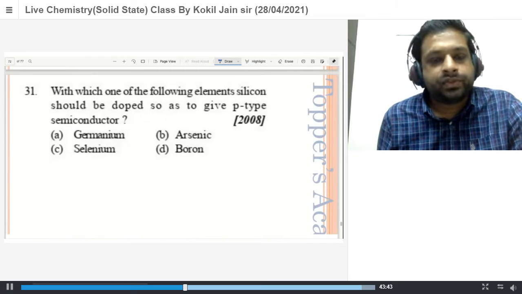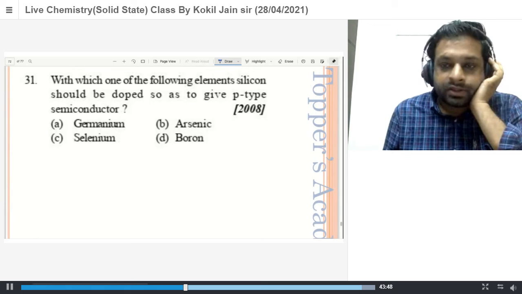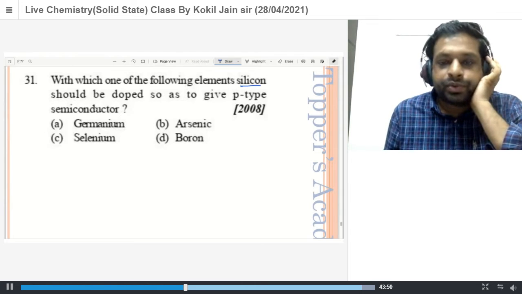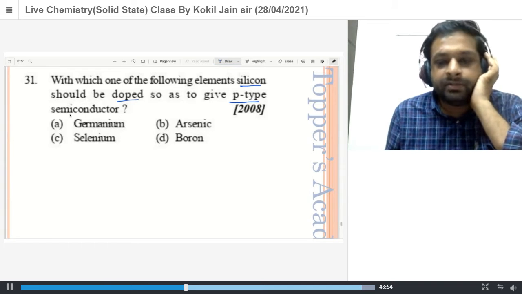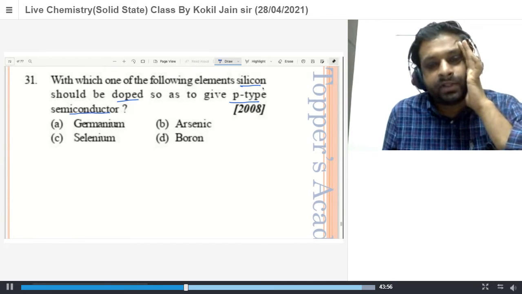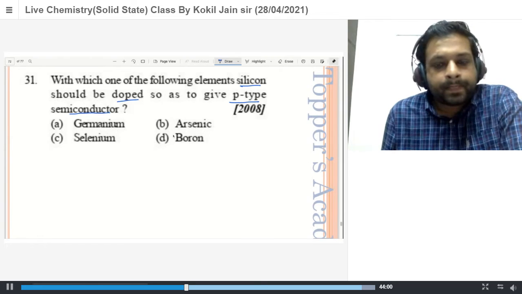A simple question which came earlier was: which of the following elements should silicon be doped with so as to give a P-type semiconductor? Can you tell me? What is the answer for P type?